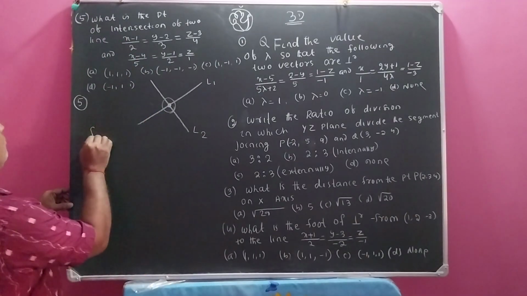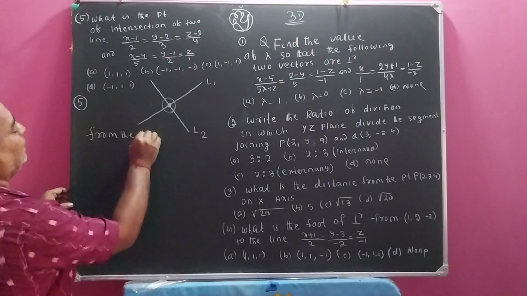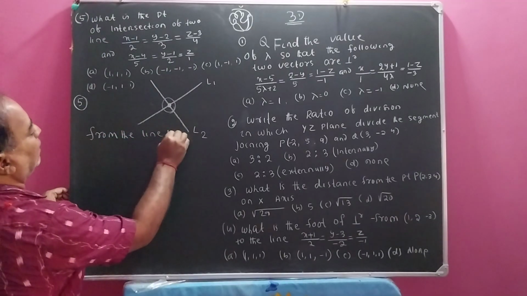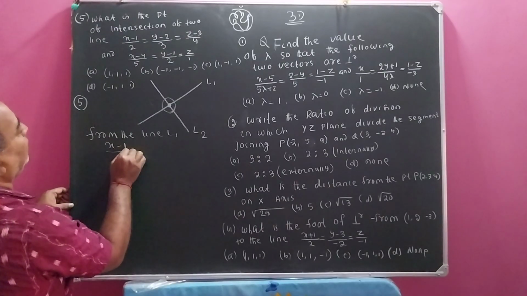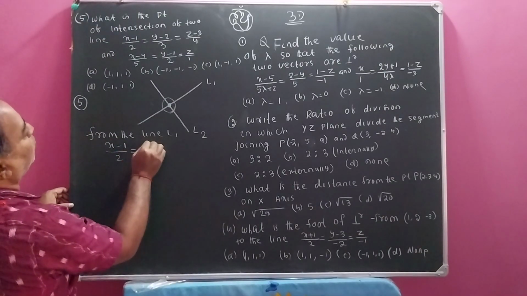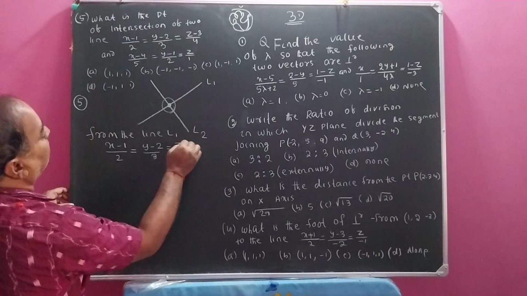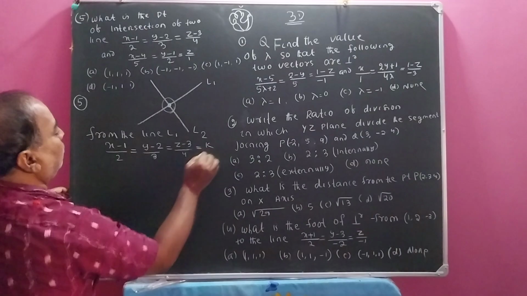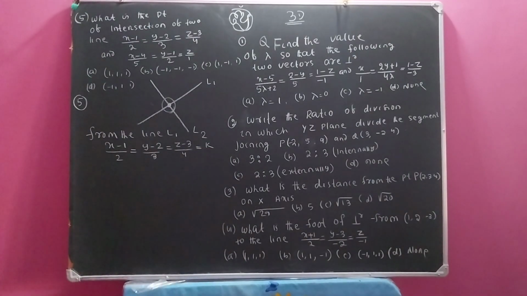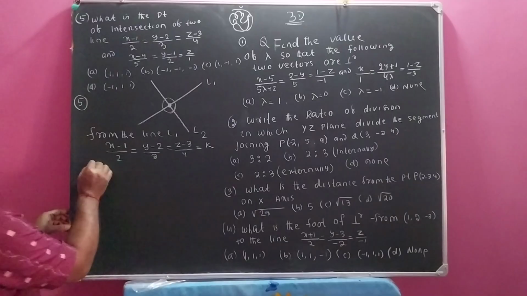From line L1. L1 means (x minus 1)/2 is equal to (y minus 2)/3 is equal to (z minus 3)/4, is equal to k.